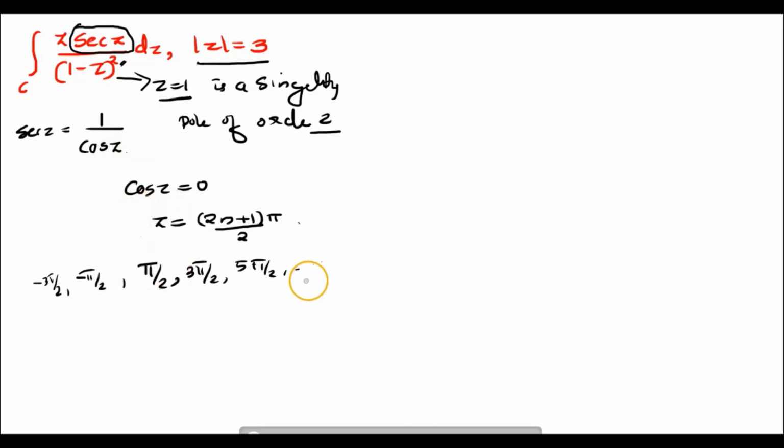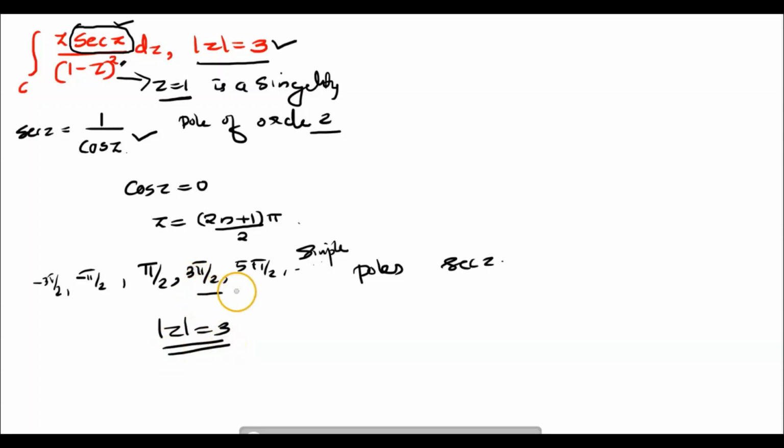Therefore, these are singularities of sec z and these are simple poles. Since sec z is in the numerator, we have these singularities and we now want to check which of these singularities are inside the region mod z equal to 3.